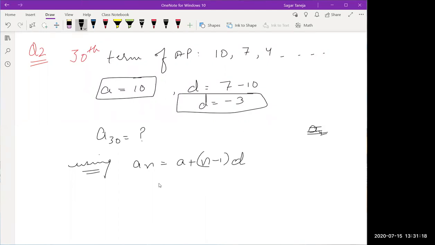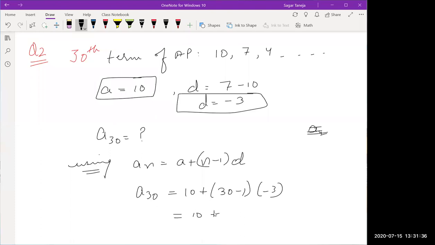Okay, let us see. In place of n we have to write 30 because the value of n is given as 30. a is 10, n is 30 and d is minus 3.